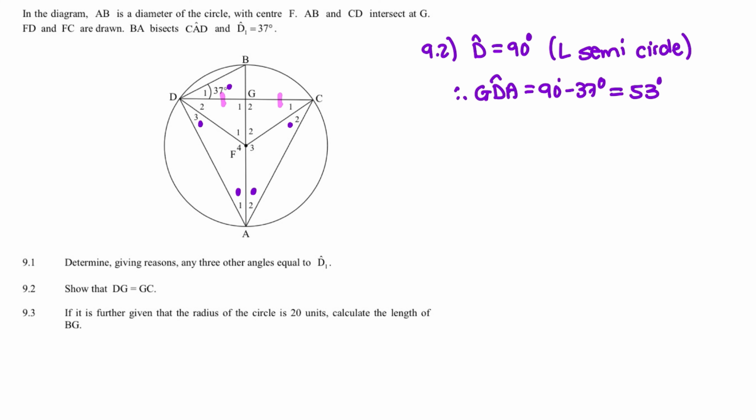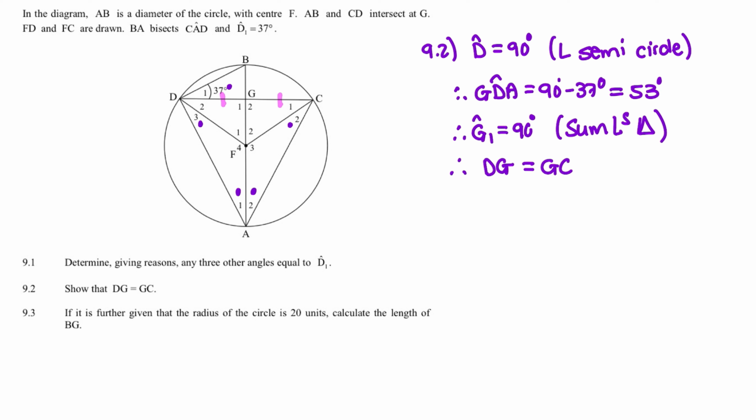So I'm saying this angle is 53. And then I can solve G1 using angles within a triangle. So therefore, G1 would be equal to 90 degrees, sum of angles in a triangle. And because G1 is equal to 90, we can say that DG is equal to GC.